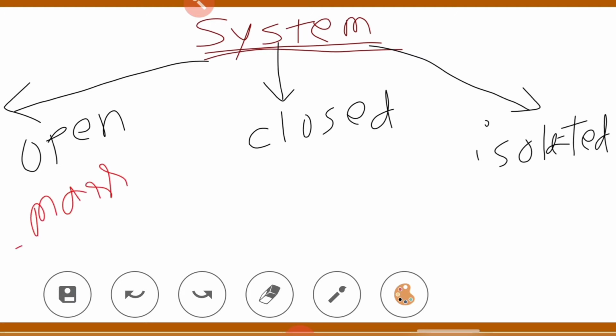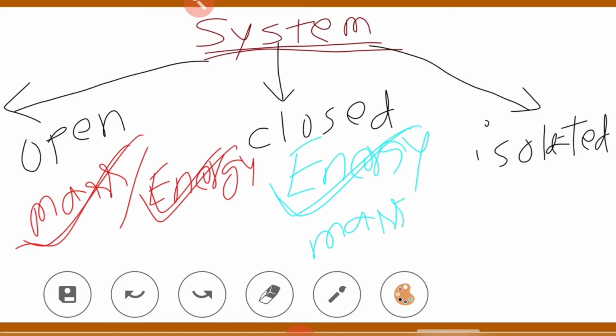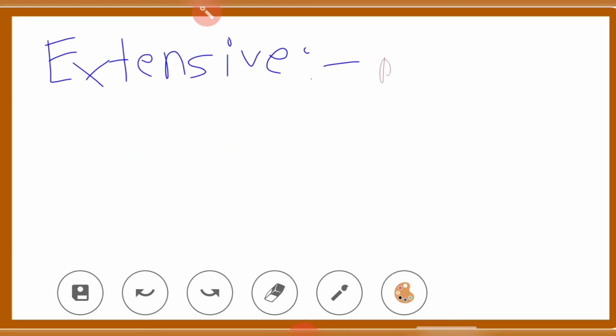In case of a closed system, energy can transfer from system to surroundings and surroundings to system, but mass can't. And in case of an isolated system, neither energy nor mass can transfer between the surroundings and the system.